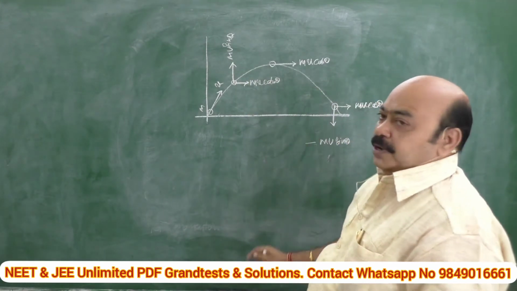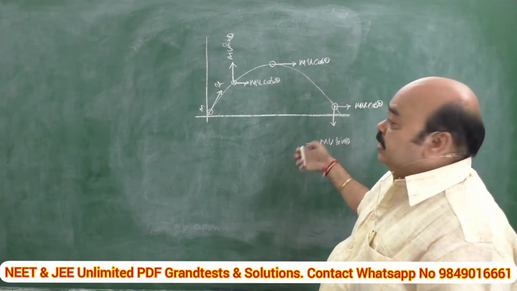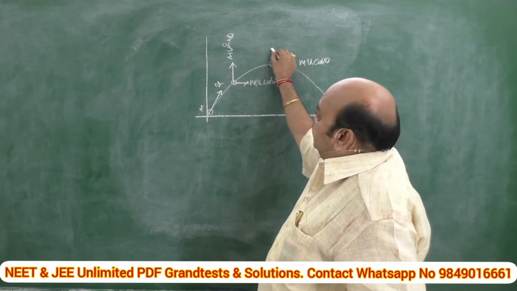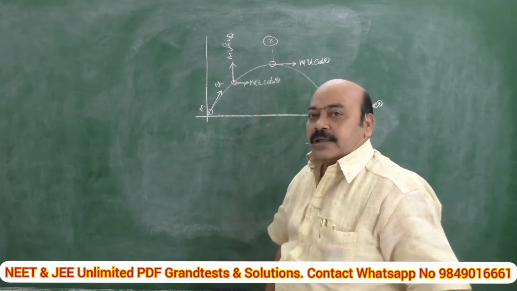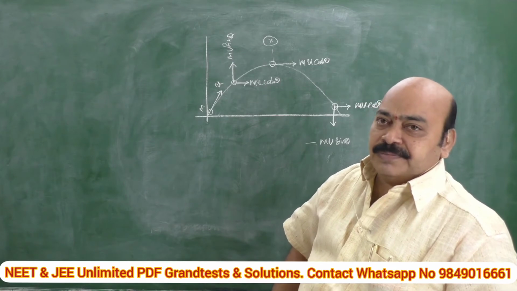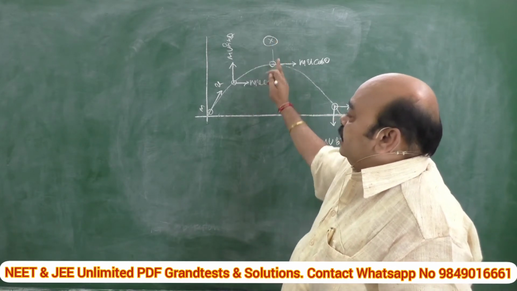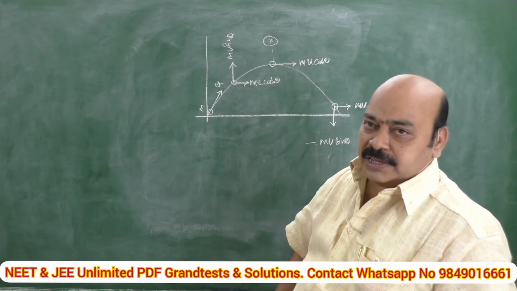That's why the sign should be opposite. In this case at the maximum height, the vertical velocity component becomes equal to 0, so there is no vertical component of momentum.